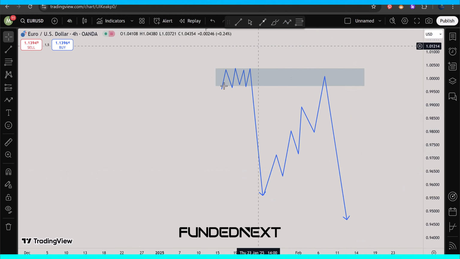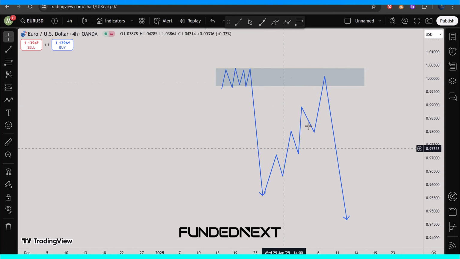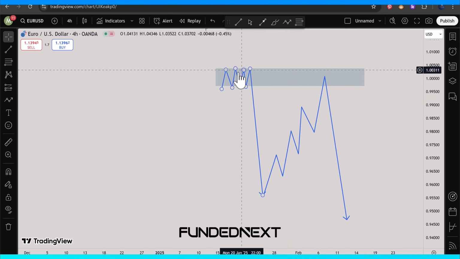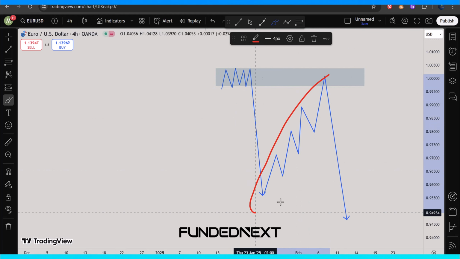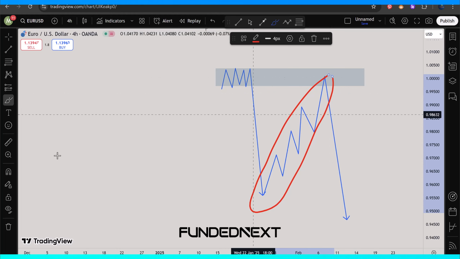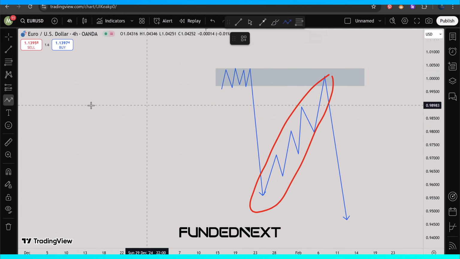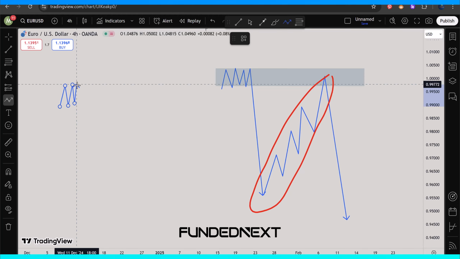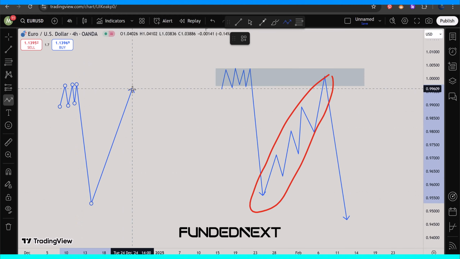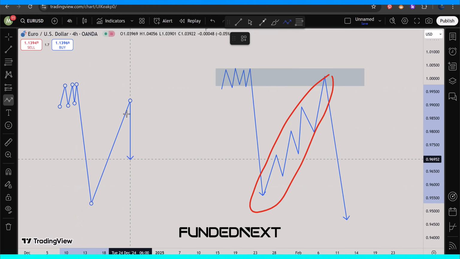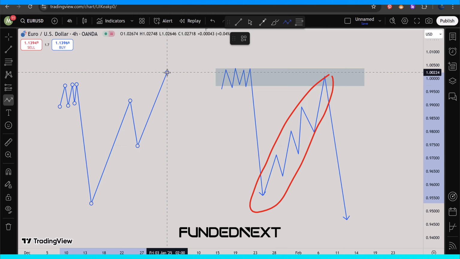So this idea of price retesting this demand zone, or supply zone in this case, is hinged on price making a steady retest. And you are not going to be liking something that doesn't give you a steady retest like this one. This might actually do this and then break your demand zone.